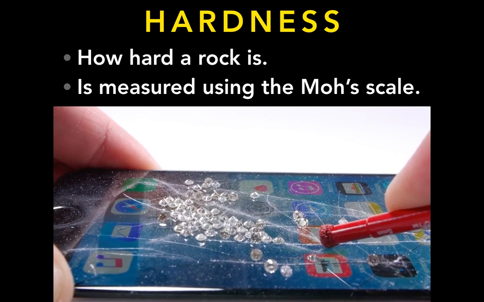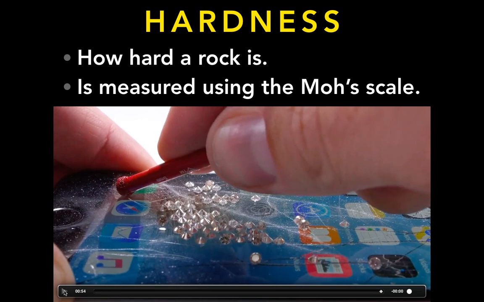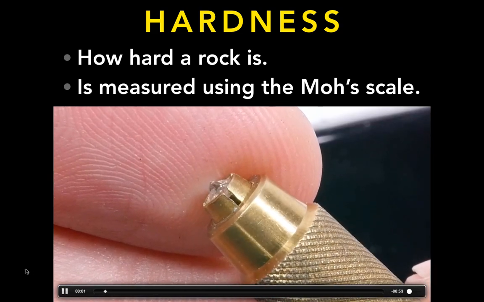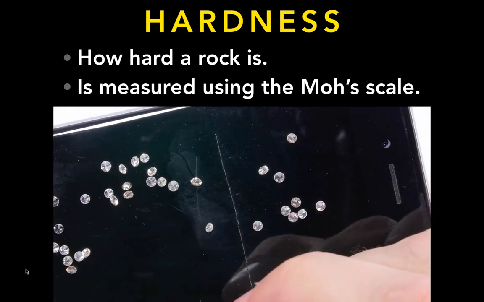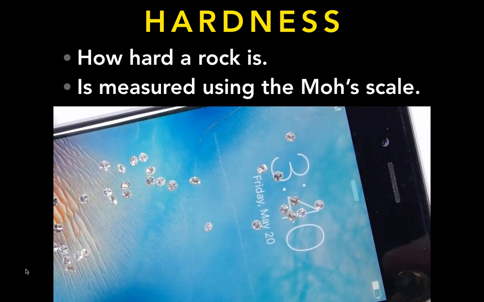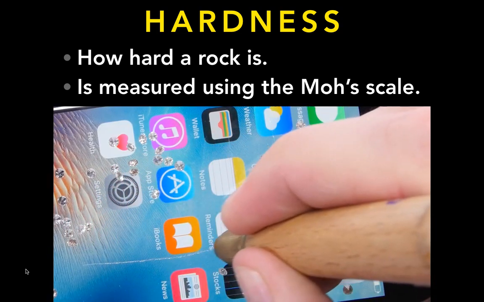So hardness, like a diamond, is measured using the Mohs scale. A diamond is one of the hardest rocks on the planet, or one of the hardest minerals on the planet, and it would register very high on the Mohs scale. But hardness is, simply put, how hard a rock is.